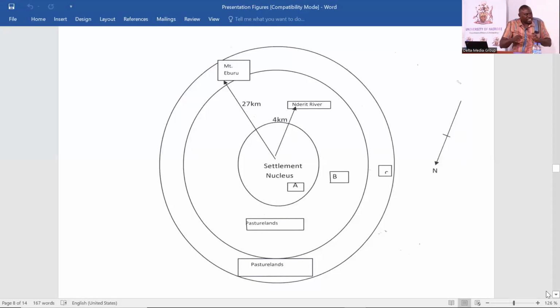Just the interior patterning within a site, within the occupational floors that you saw here. That space use within an occupational floor is seen as at the level of microscale.